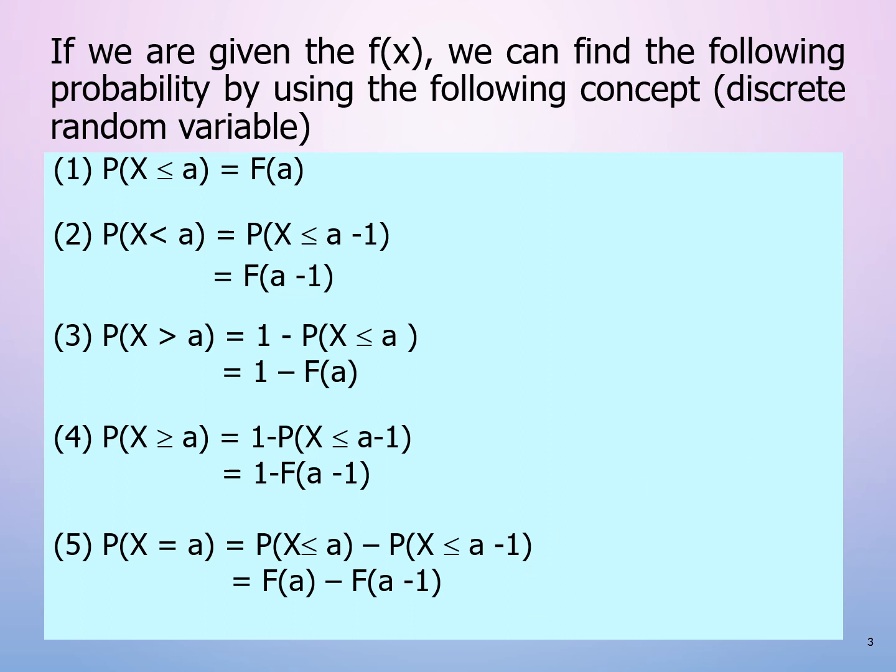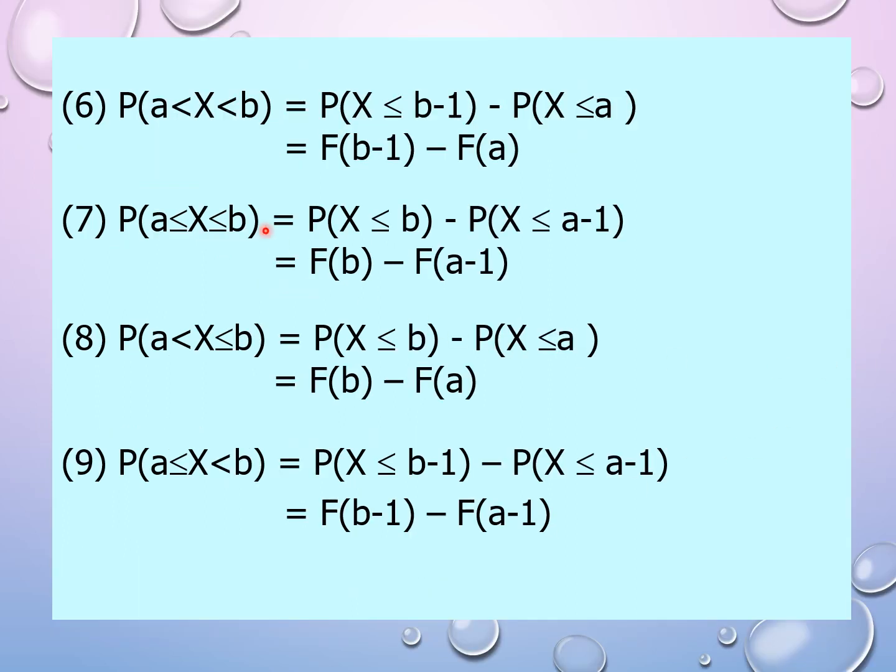Okay, then we have another, which is probability X greater than a and less than b, which is also equal to probability X less than or equal to b minus 1 minus probability X less than or equal to a, where this side is actually equal to probability b minus 1.